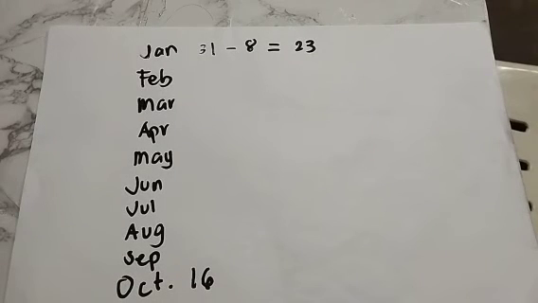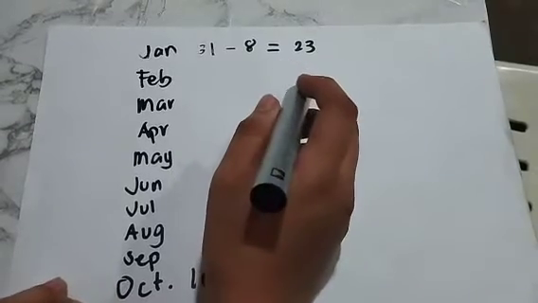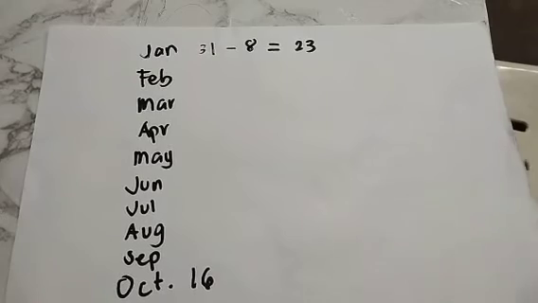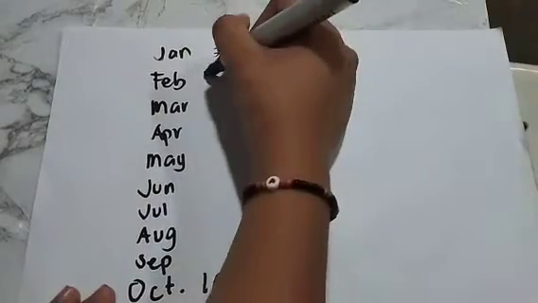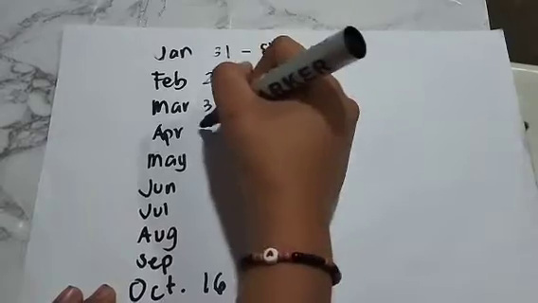Well, dito, kukunin na natin yung exact number of days nila sa bawat buwan na yan without subtracting it sa kung ano-ano. So, sa February, since hindi naman leap year ang 2023, magiging 28 pa rin to. Sa March is 31.